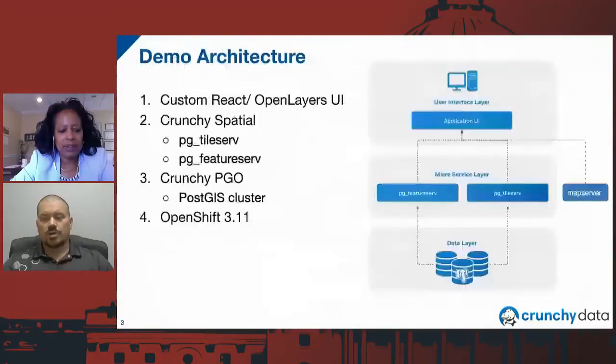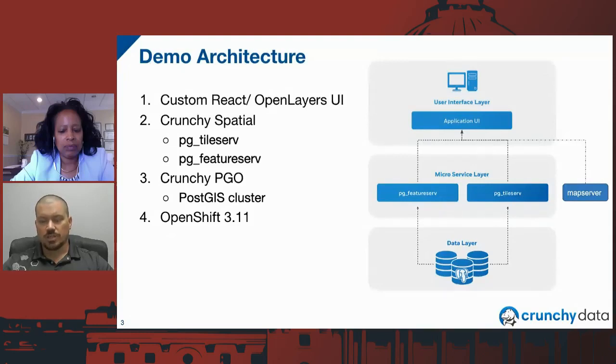So real quick, here's the high-level architecture of what I'm going to be showing today. It's your standard 3-tier cloud-native architecture. We have a custom UI built in React and OpenLayers. We have our microservice layer that consists of pg_featureserv and pg_tileserv, which are the 2 new microservices that Crunchy released as part of our Crunchy Spatial product line back in March of 2020.